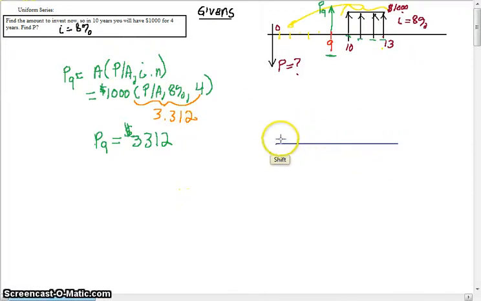There we go. We still have our P at year 0, which we don't know, but now we have some new value here, P9, right? Our interest rate is still the same.